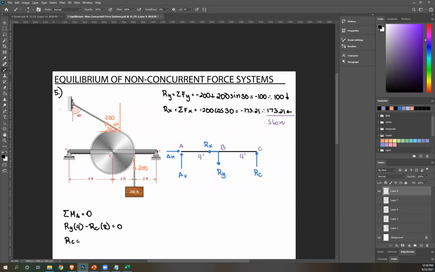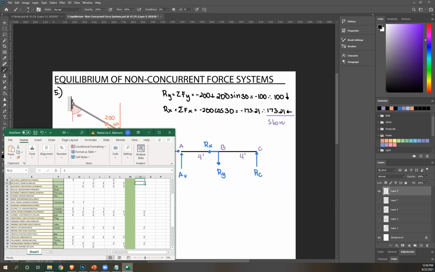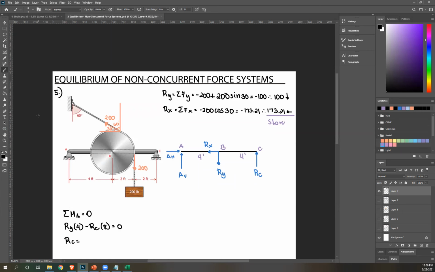Correct. Positive 50. Okay, so that's already your answer, 50 pounds. Next, solving for AV and AH, and then finally getting the resultant of that.